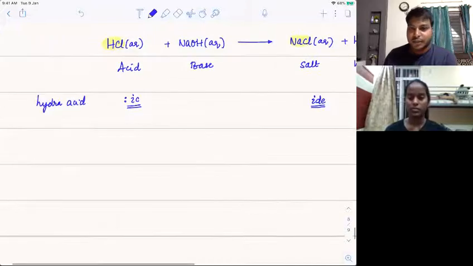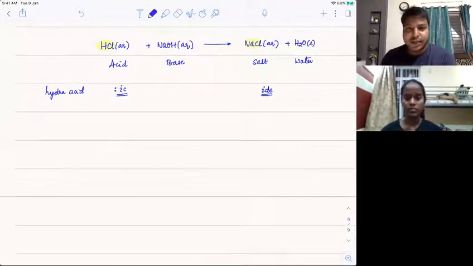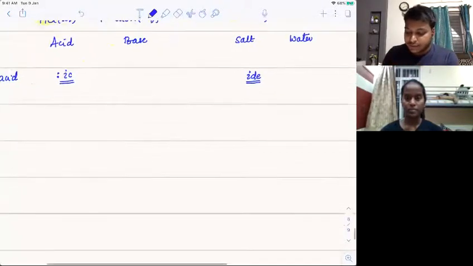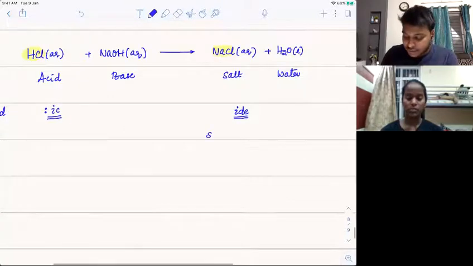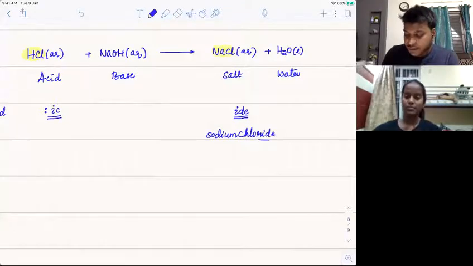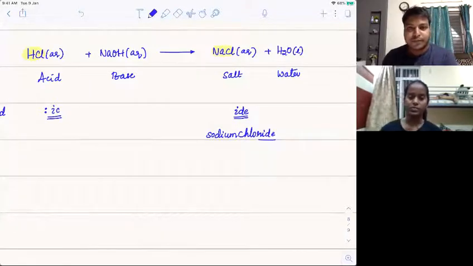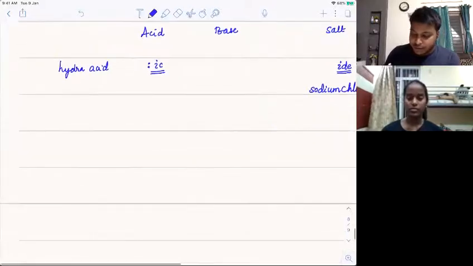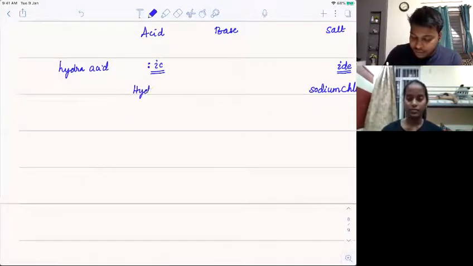If it is an ic acid, a hydra ic acid, then the salt name will always end with ide. Then what is the name of NaCl? That's why it is called sodium chloride. Right. That's why it is called sodium chloride, because it is coming from hydrochloric acid.